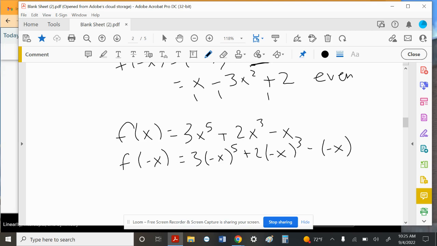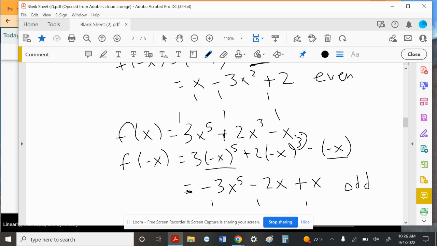Of course, this is going to cause a negative to come out. So I have 5 negatives, so it stays negative. I have negative 3x to the fifth. Because it's to the third, it's going to be a negative, so it's going to be negative 2x cubed. And because this is a negative, of course, that's going to change that to a positive. So then I have negative, negative, positive. So therefore, this is an odd function.